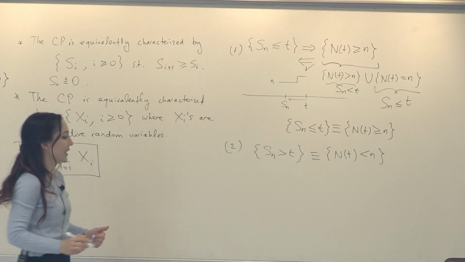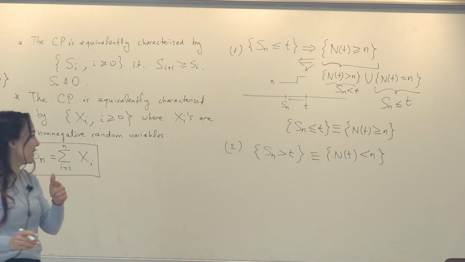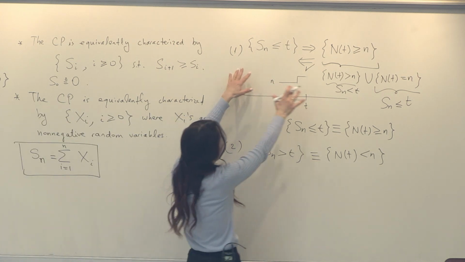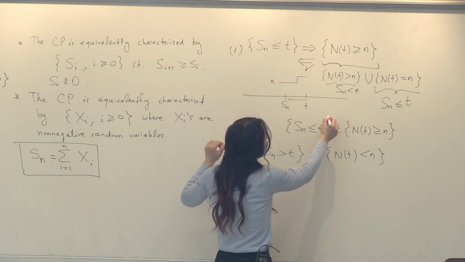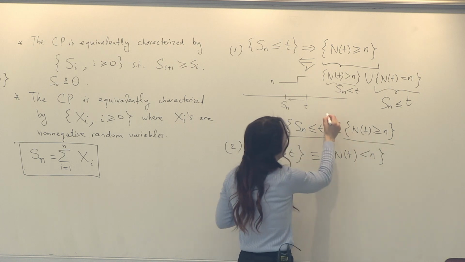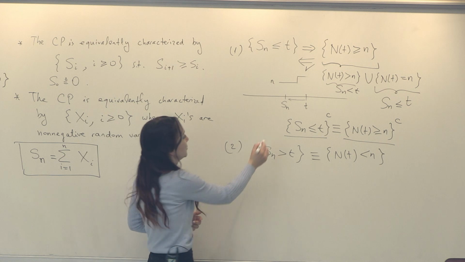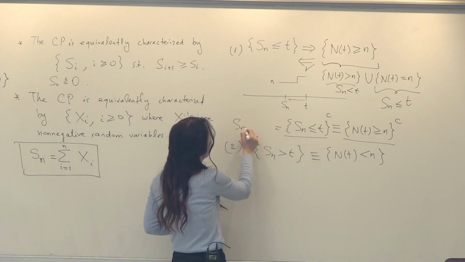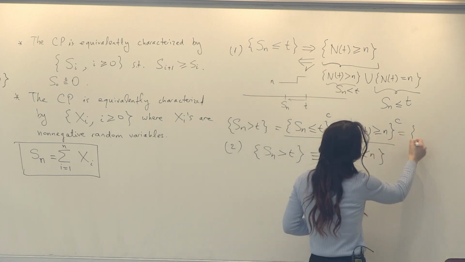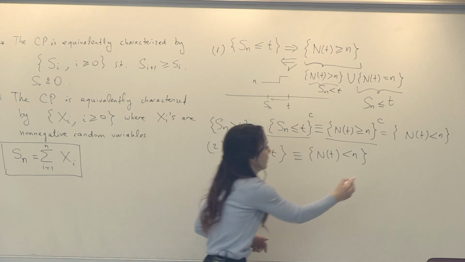Complement, exactly, very nice. Your name again? Taner. Taner put it very elegantly. Because if you take the complement, we already know that this is equal to that, so the complements must also be equal. So what is the complement of that? Sn bigger than t, and the complement of this is N of t less than n. So we proved that this is true.